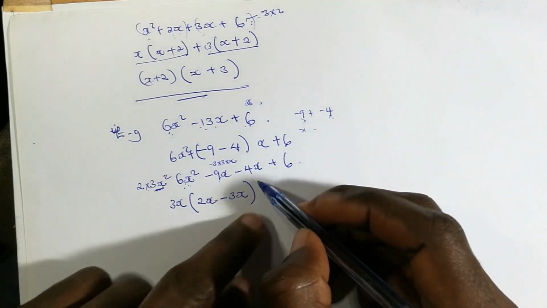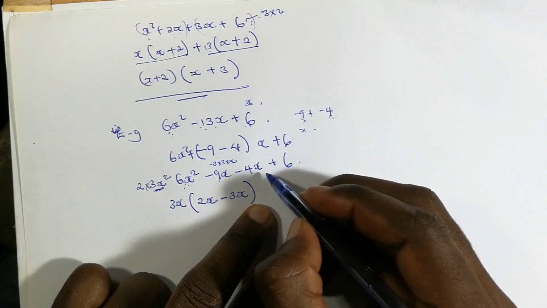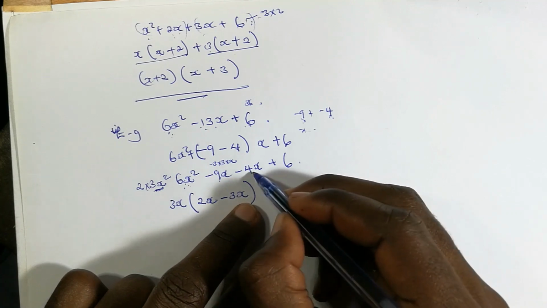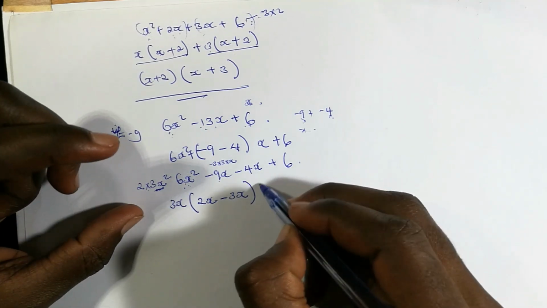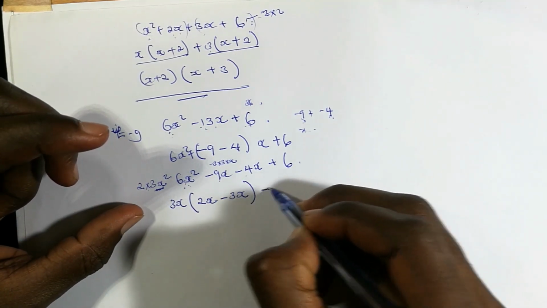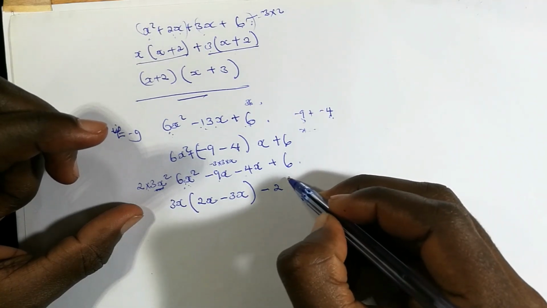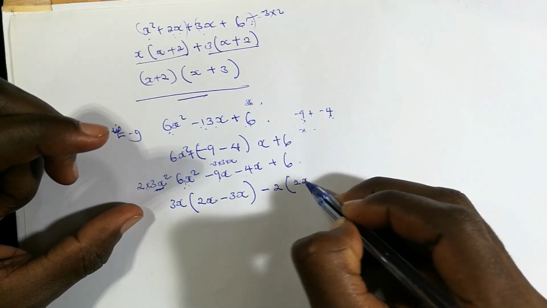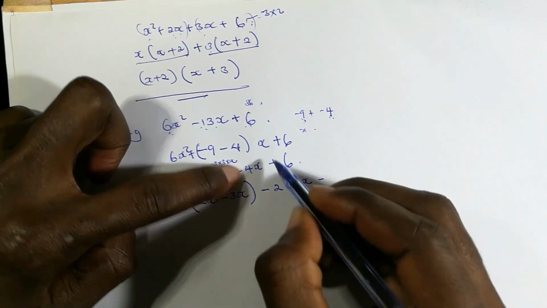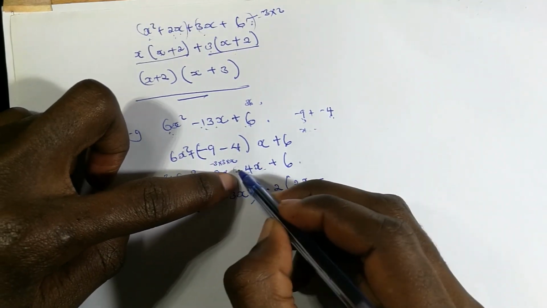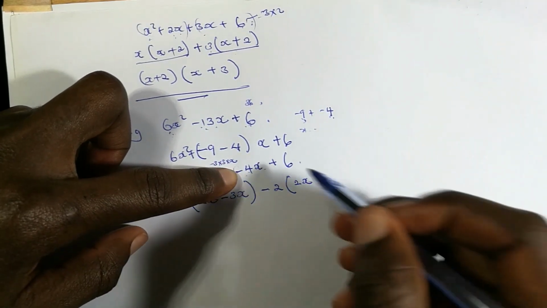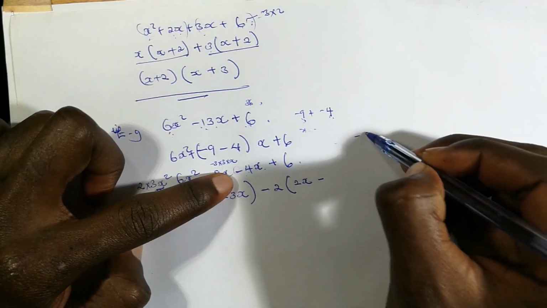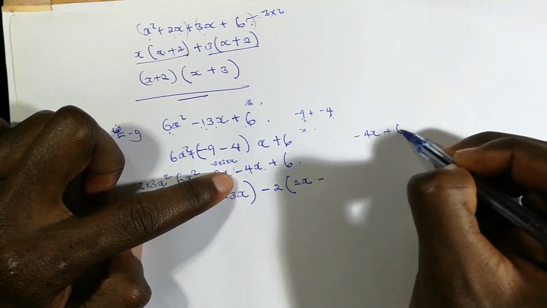Then here a common one is 2. If we pull out 2, we have minus 2 remaining outside, to remain inside with 2x, then minus, we make sure that once we have removed this minus, we just put it like this to make you get it clearly.